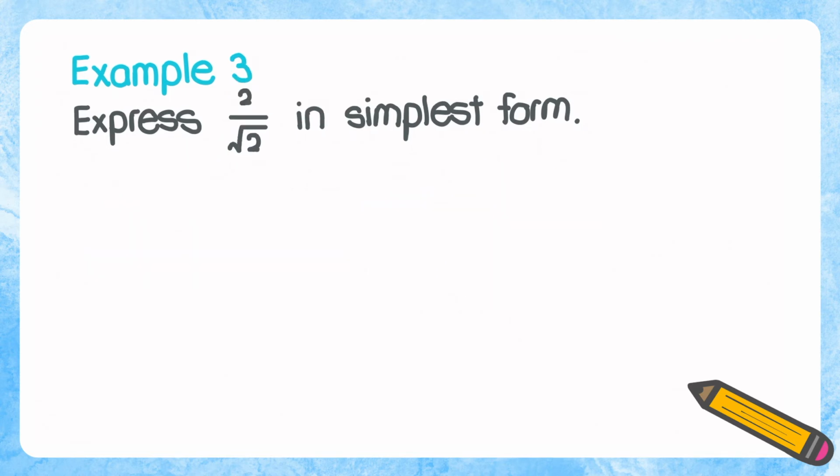For our third example, let's rationalize the denominator for 2 over the square root of 2. So we have 2 over the square root of 2, or radical 2, whichever way you prefer. And to rationalize that denominator, we're going to multiply both the numerator and denominator by the square root of 2.